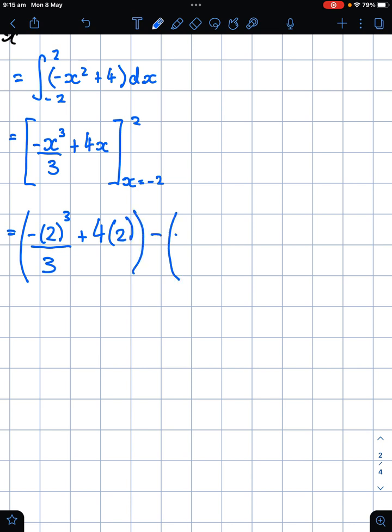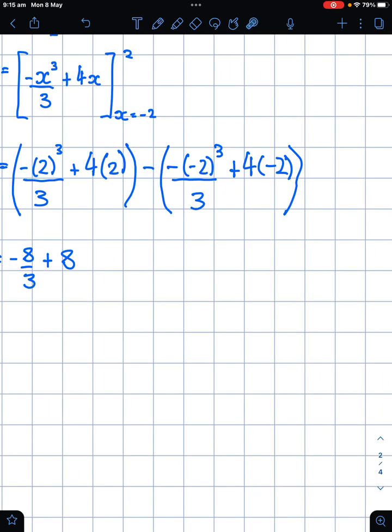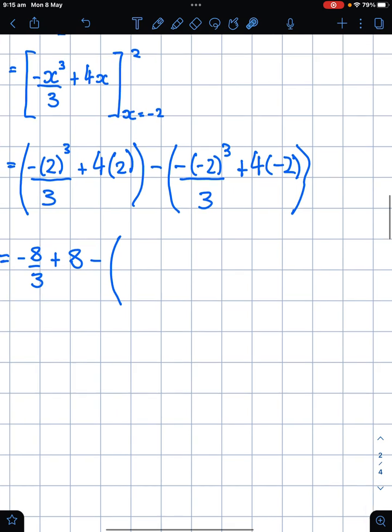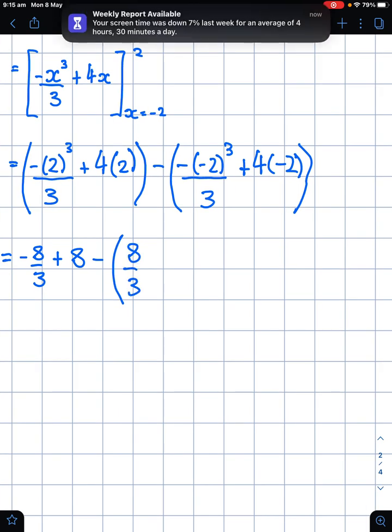We're looking at negative 2 cubed over 3 plus 4 times negative 2, which is going to be negative 8 on 3 plus 8. I'm going to leave this second set in a bracket just to work it out. Negative 8 times a negative is going to give me positive 8, so I'm going to have 8 on 3.